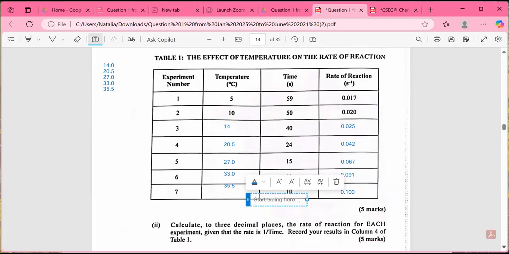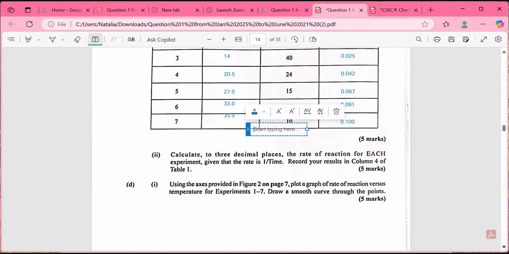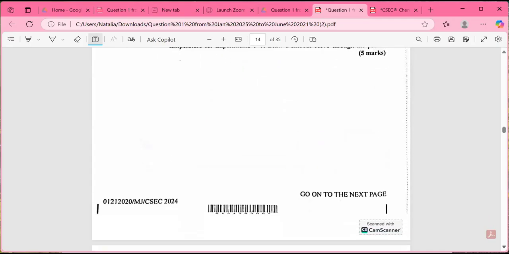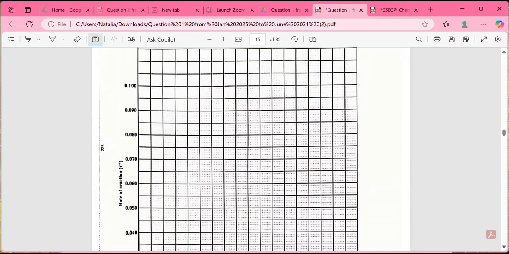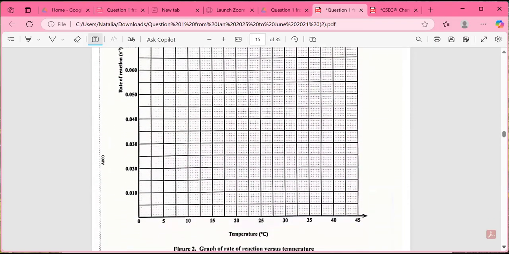Then they're going to ask us to plot. Using the axis provided on figure 2, plot a graph of rate versus temperature. So this time I'm not going to do any work, you're going to do the work. I'm going to show you the axis, because in chemistry you never have to find a scale. They generally give you the scale or a part of the scale.